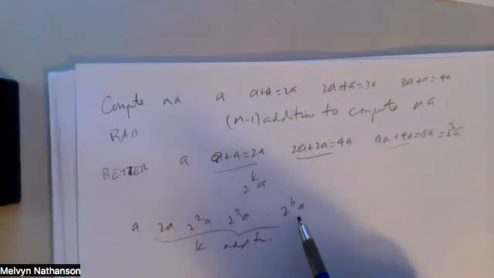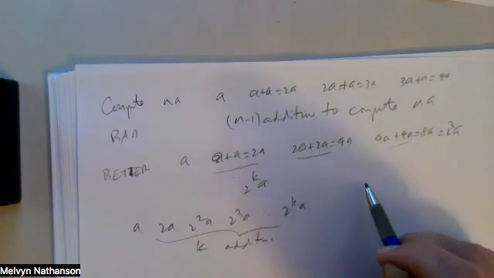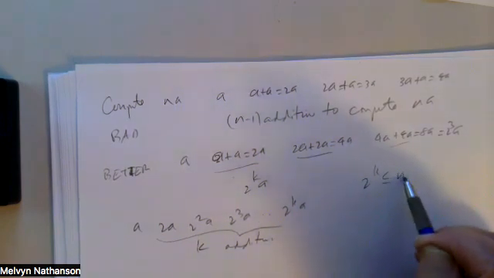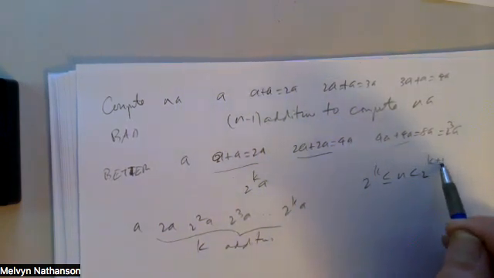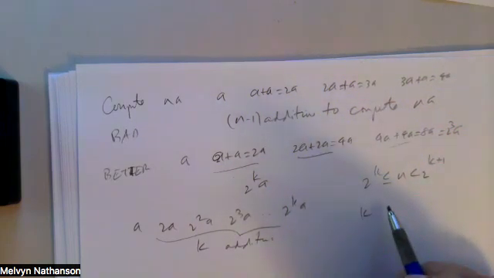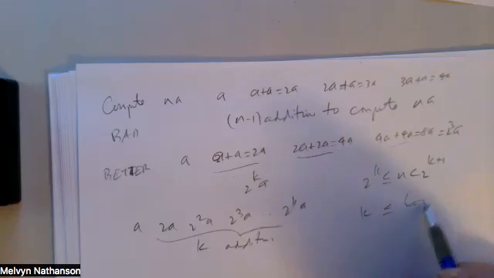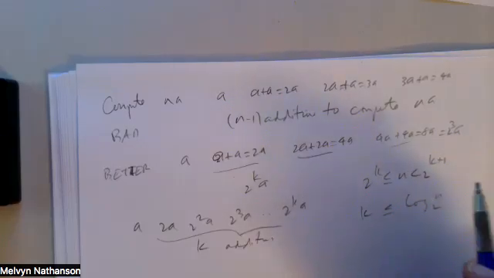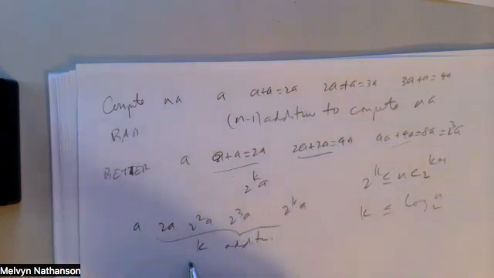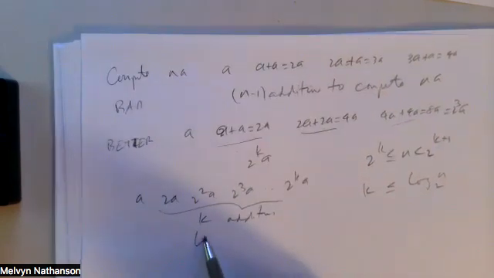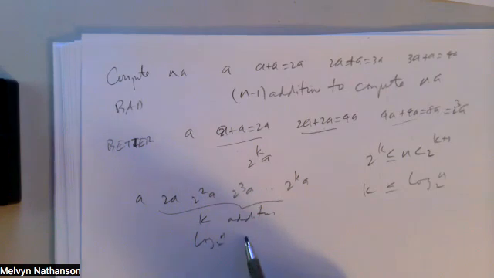And I want to go as far as where 2 to the k is less than n but less than 2 to the k plus 1. So k is going to be log n to the base 2 at most. So this is going to take at most log n to the base 2 additions.